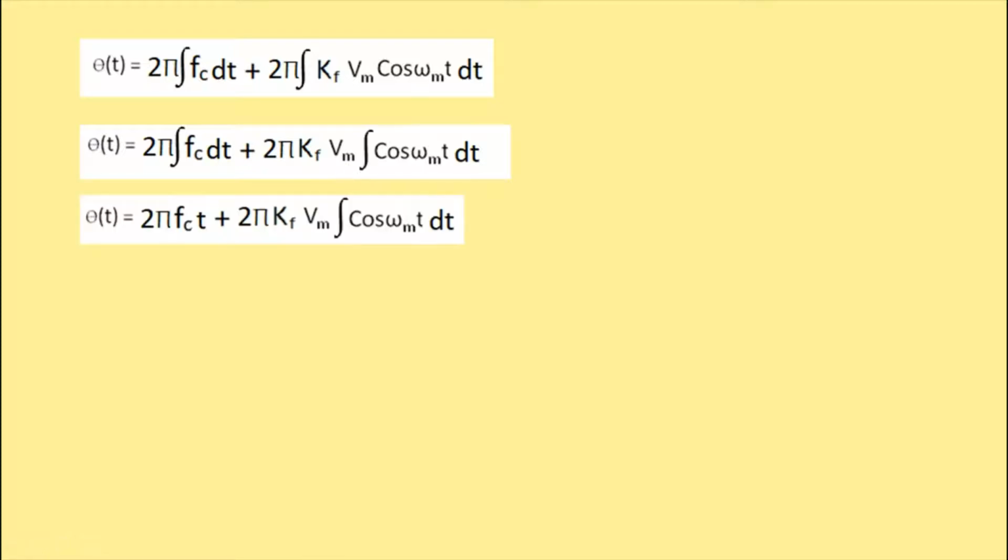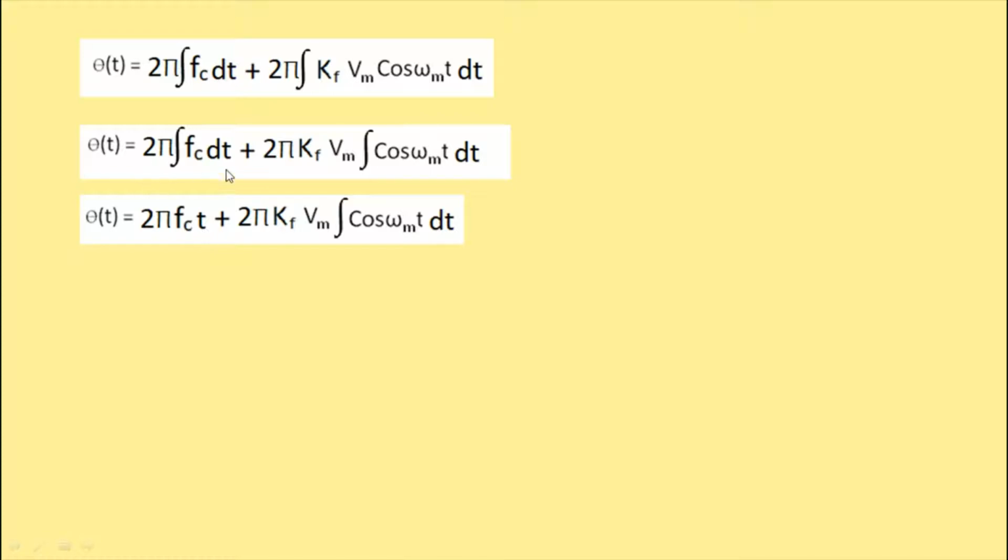sign. So moving to the next step, we already know that Fc, which is nothing but the carrier frequency, is a constant. So that means I can also pull out Fc out of the integral sign. So integral dt is nothing but equal to t.